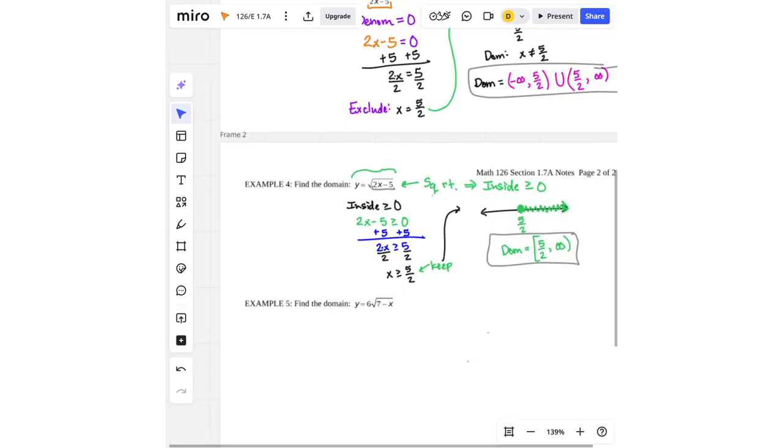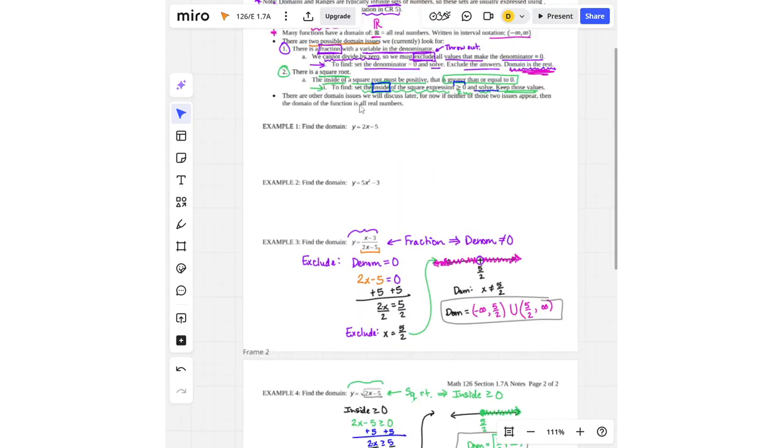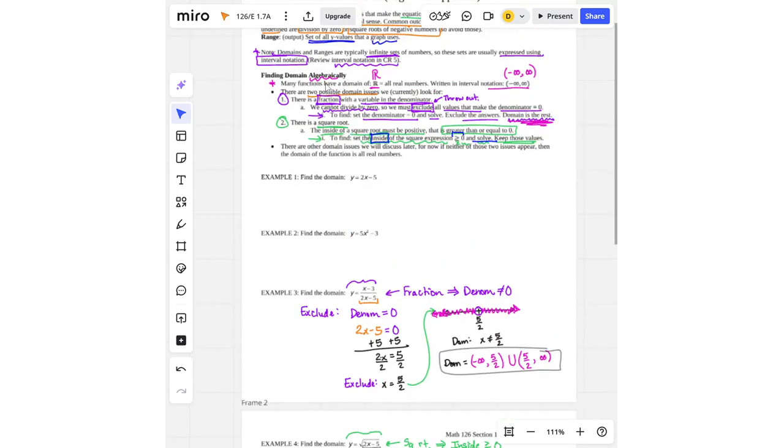All right, so at this point, let's go back up and talk about our last fact. So remember, I said most functions have a domain of all real numbers. Okay, so we're going to look for these two issues.